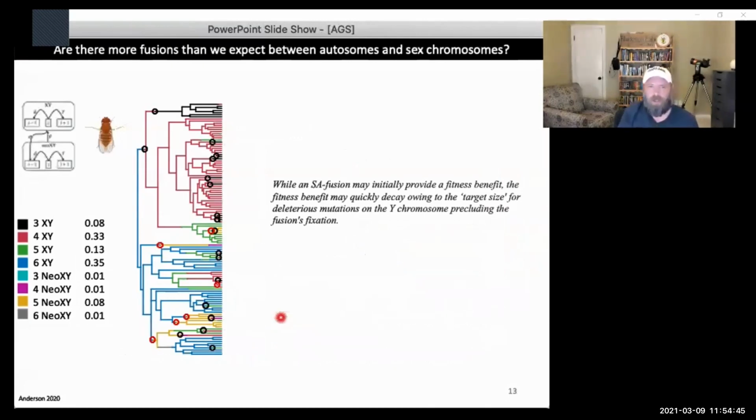And what we said and what we think is going on here is that Drosophila are weird, and that actually these fusions, even if they do have a beneficial effect initially in resolving that sexual antagonism and allowing males to make gametes that are more fit, that because of the genes that are present on the new Y chromosome that's formed, deleterious mutations may reduce rather quickly the actual fitness benefit that is realized by individuals that carry one of these fusions.